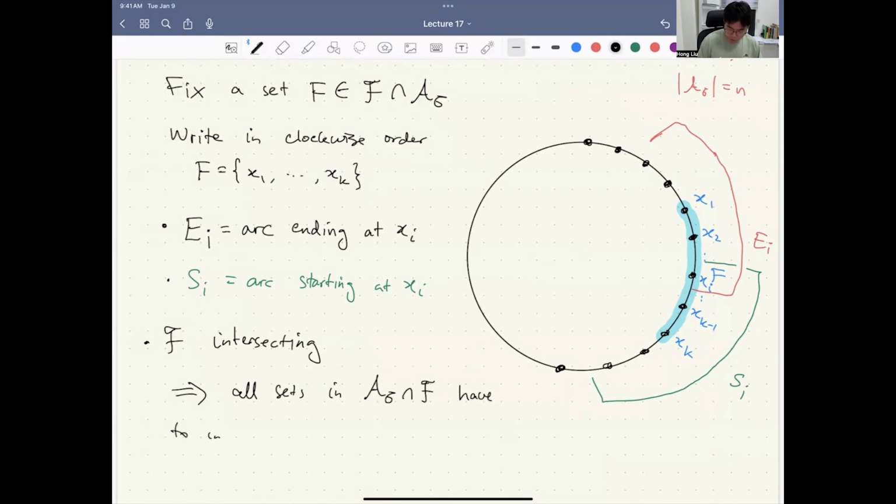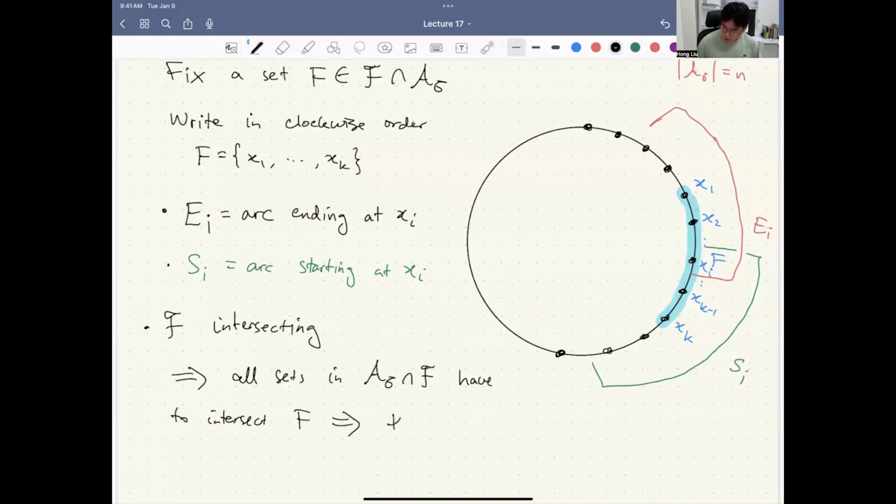They have to intersect F, which implies that they are one of the sets.